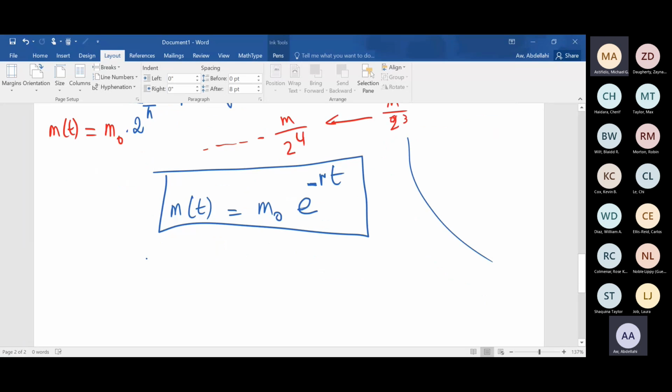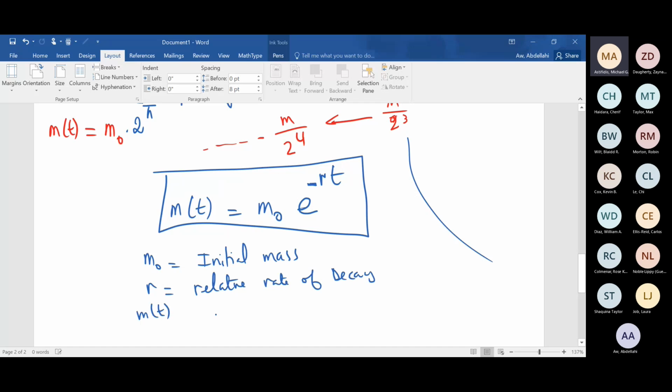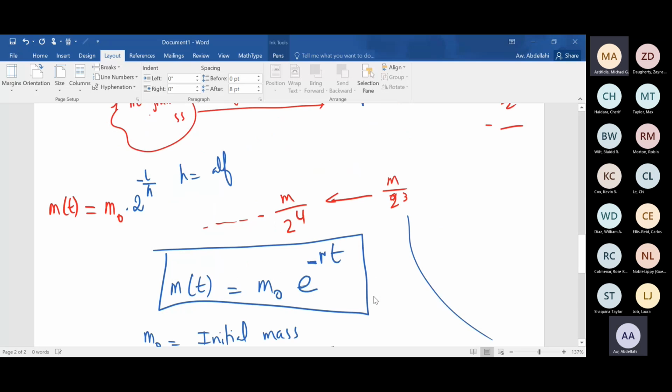So M0 is the initial mass, and r is the relative rate of decay, and M of t is the mass after time t. Okay? So exponential growth and exponential decay are some types of applications.